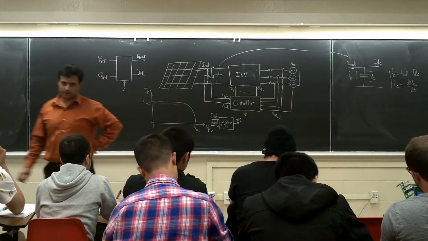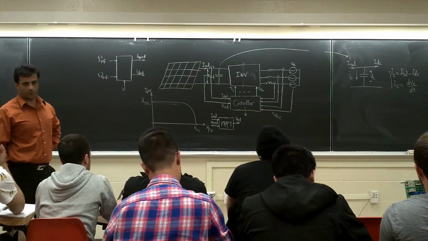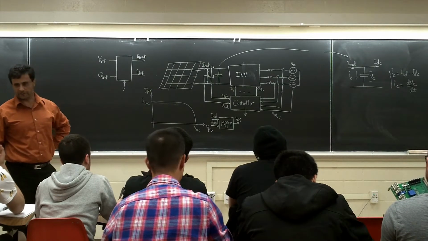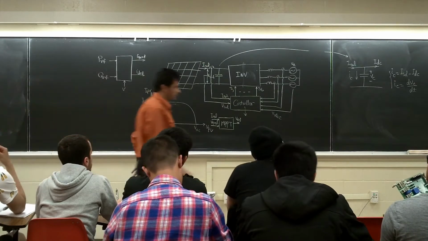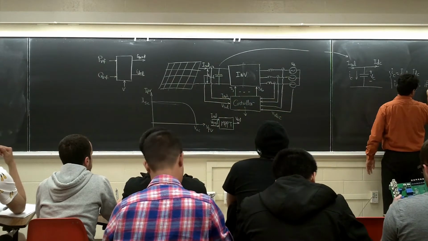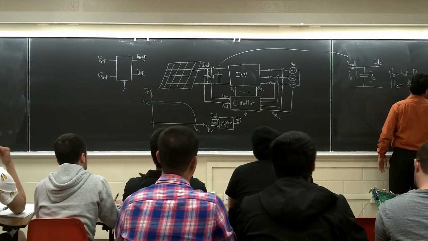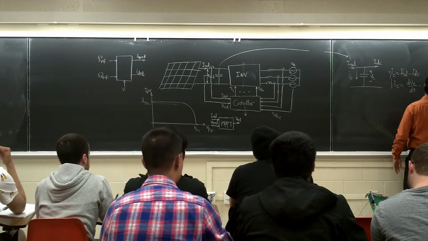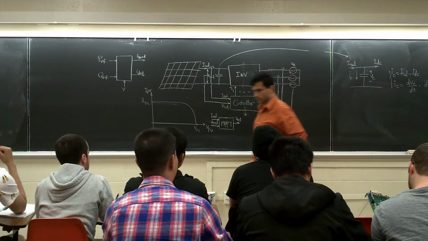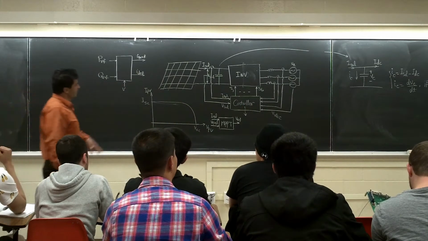If I want my voltage to be constant, how much is the dVc over dt? 0. dVc over dt is 0 if Vc is a constant. So what does it mean? IC should be 0, right? IC should be 0.